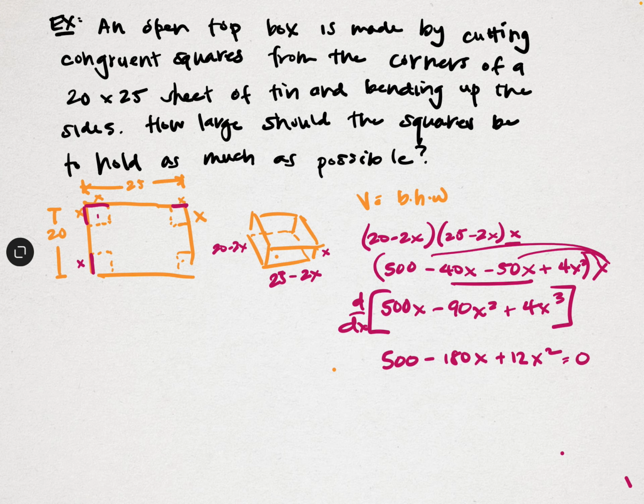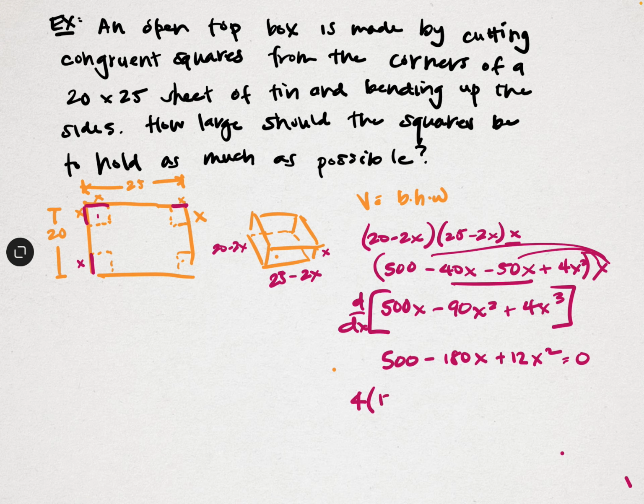And we can go ahead and start factoring this, but before we do that, let's simplify. So these are all divisible by 4, right? So 500 divided by 4. Okay, so let's factor out the 4 so it's easier to factor.